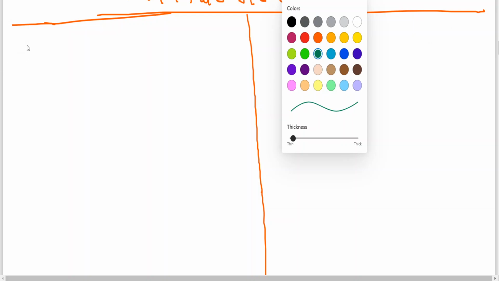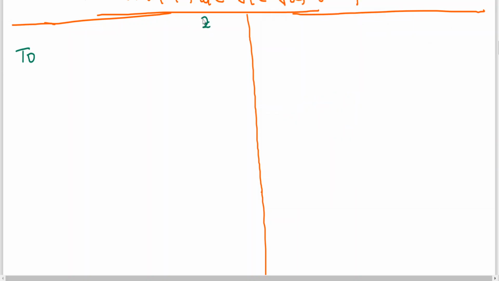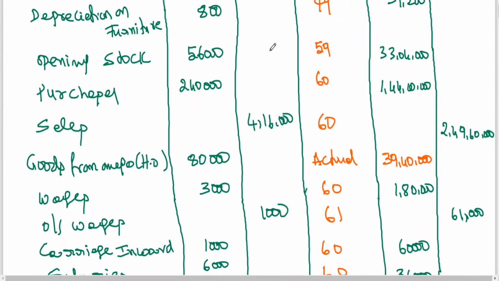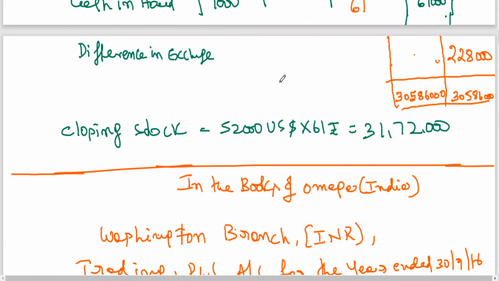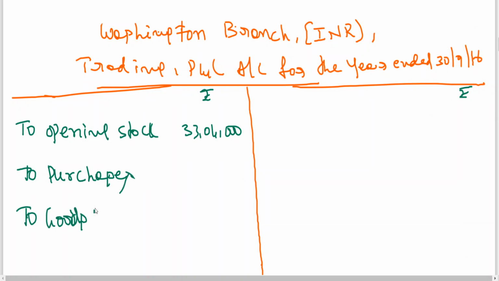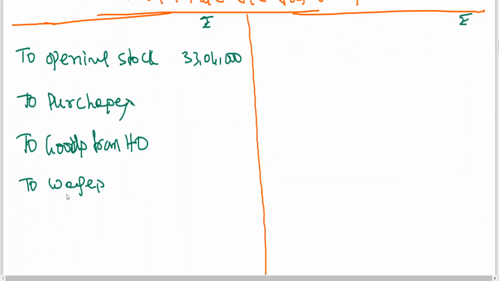Let me start with opening stock. You know the format. I'm not writing only rupees. What is the opening stock you are having here? 33 lakh 4,000. We have already added outstanding wages there, so no need to add again. Otherwise, if you don't show that in the trial balance, you have to add to wages.